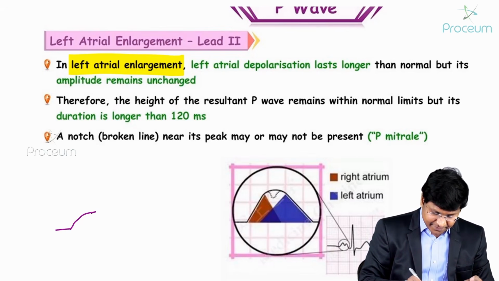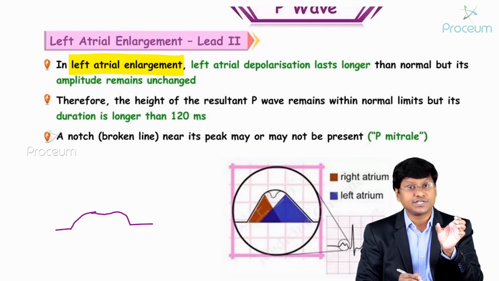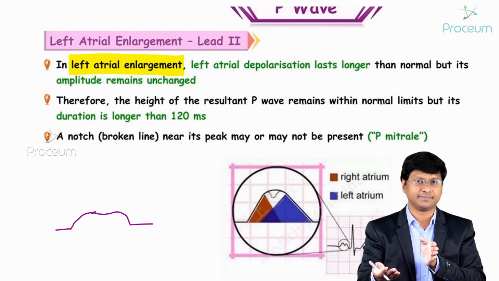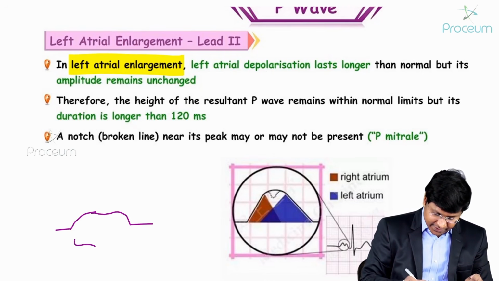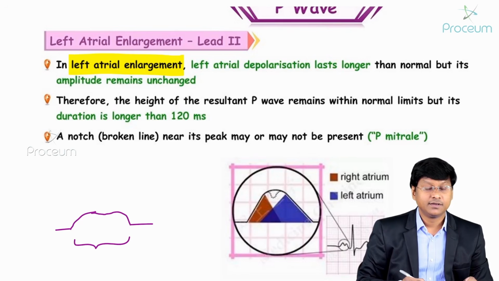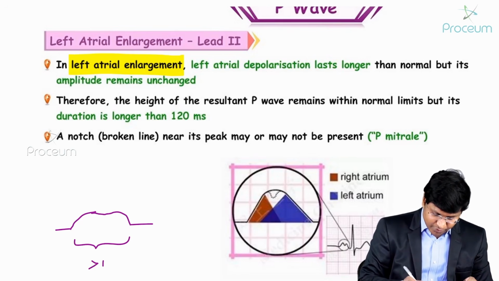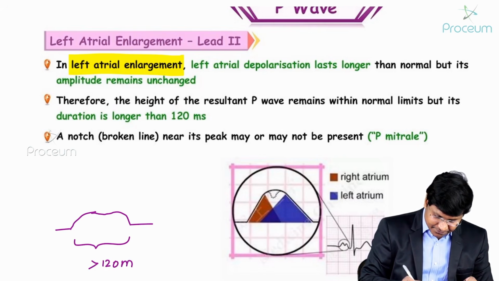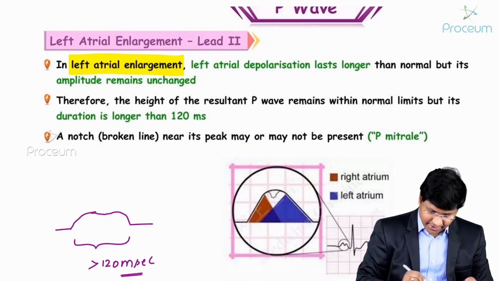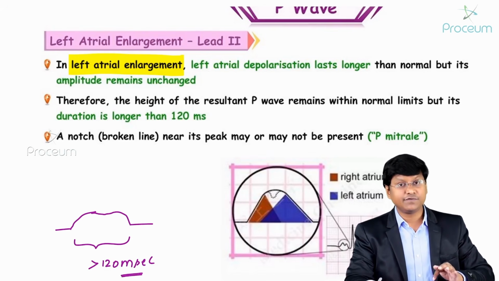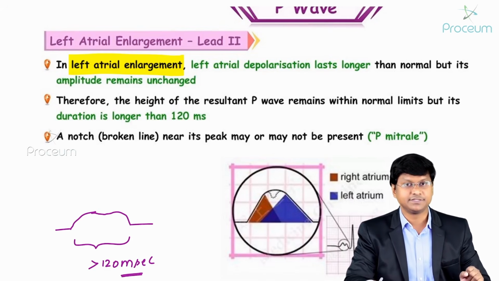The depolarization lasts longer than the normal time. So the duration of the P wave in left atrial enlargement will be more than 120 milliseconds.